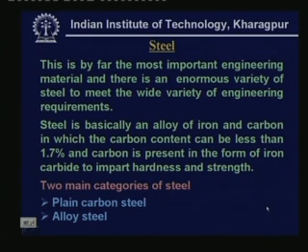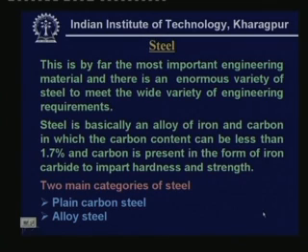So, the basic difference between cast iron and steel is that the carbon content in the steels is relatively lower than in cast iron. Because carbon in steel is present in the form of iron carbide, it imparts hardness and strength.